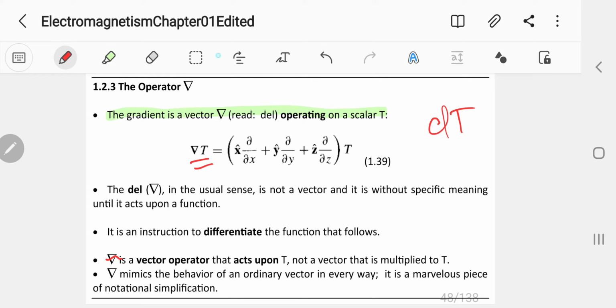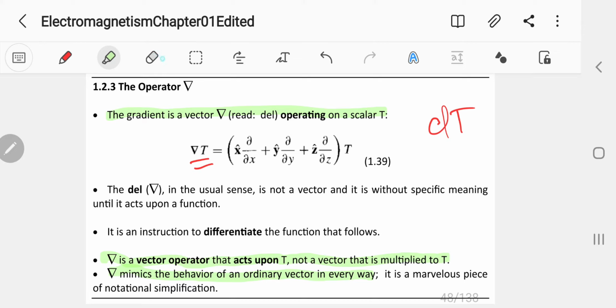Del is a vector that acts upon t, not a vector that is multiplied to t. And it mimics the behavior of an ordinary vector in every way.